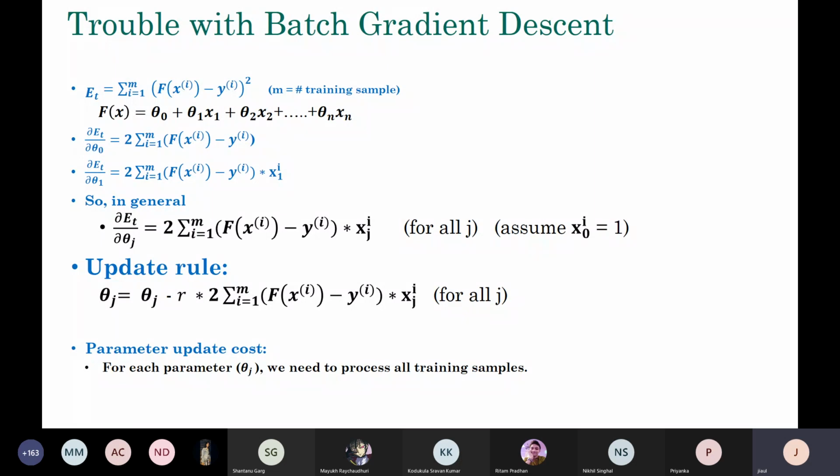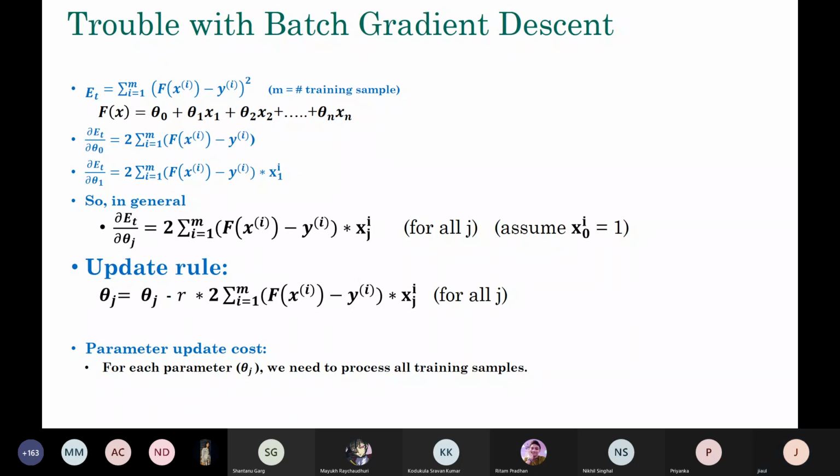Why? Because remember this expression, summation over i equals 1 to m of the derivative expression, that involves all the samples in your training data. For every parameter, you need to compute that expression. And if you have a large number of training samples, that is going to be a very, very time consuming process.